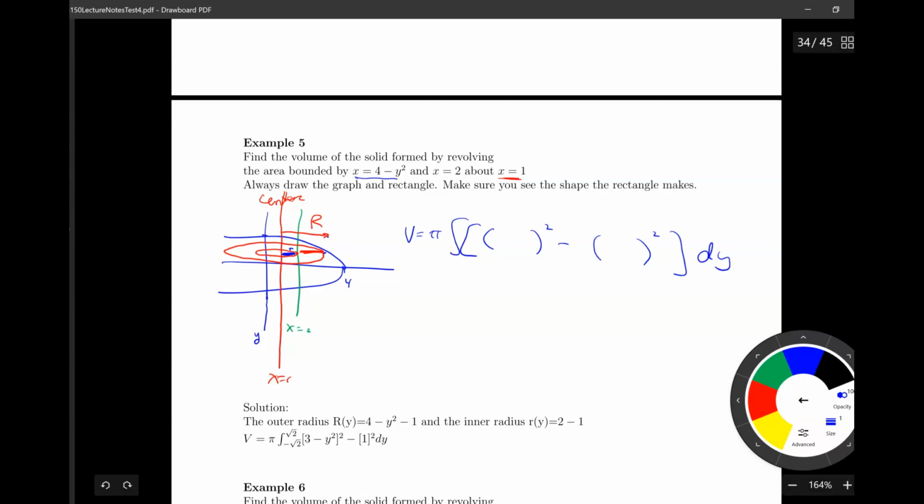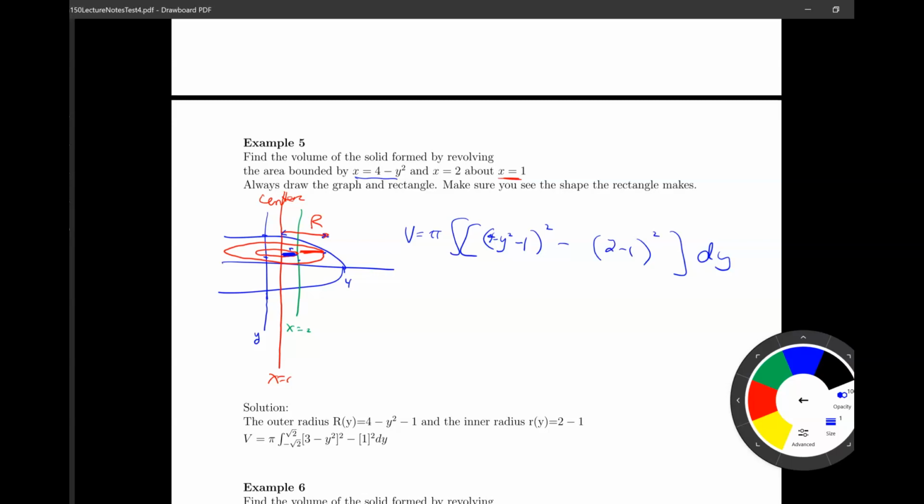So all the way out to the parabola, which is 4 minus y squared, and subtract off the distance of 1 to get me this distance from here to here. All right, to get this inner distance, this inside radius, r, I have to say go start from the y-axis, go out to the 2, and subtract off the 1.